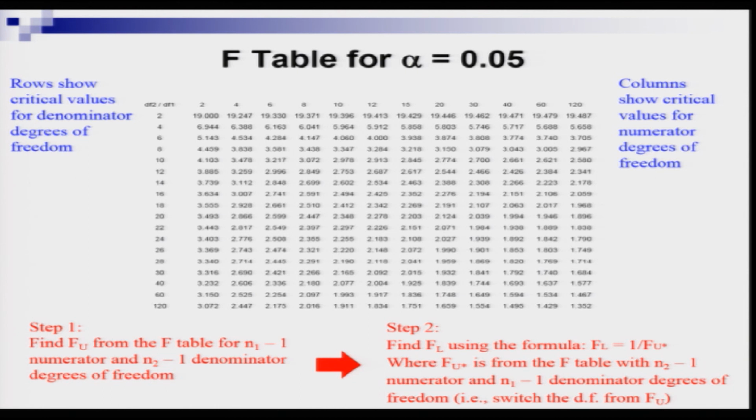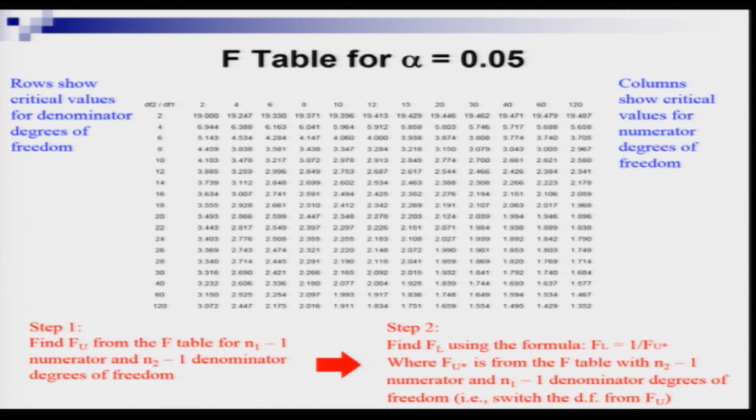It is actually not very simple. So, I am trying to express this in words. Now look at the bottom of the slide. Here I have written 2 steps. So, in step 1 you have to first identify FU from the F table for n1 minus 1 numerator and n2 minus 1 denominator degrees of freedom.